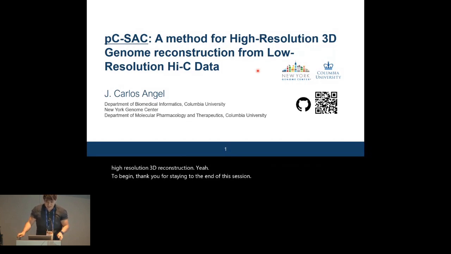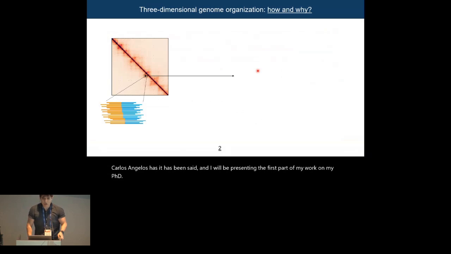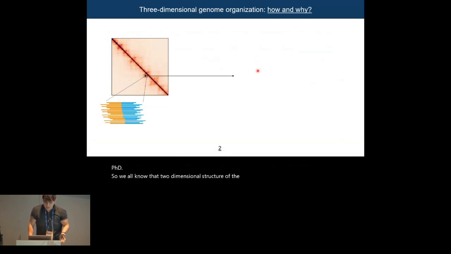I'm Carlos Angel, as it has been said, and I will be presenting the first part of my work on my PhD. So we all know that the two-dimensional structure of the genome is studied with Hi-C data.